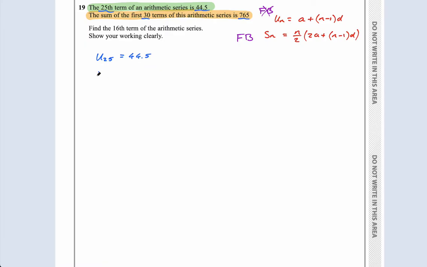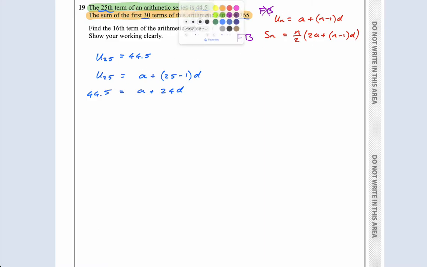And we know u of 25 is from the formula a plus n minus 1, 25 minus 1 d, which is a plus 24d. So I know a plus 24d equals 44.5. That is my first equation.